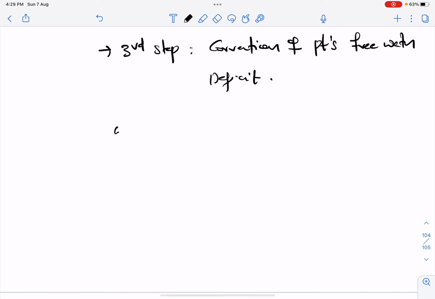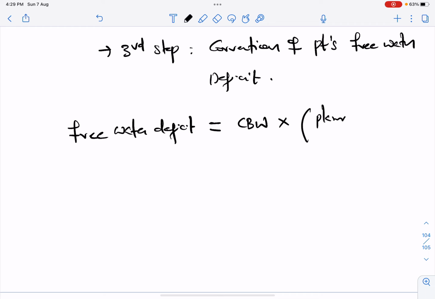The free water deficit is equal to, the formula is, current body water into plasma or serum sodium divided by desired sodium minus 1. Okay, this is how we calculate the free water deficit.